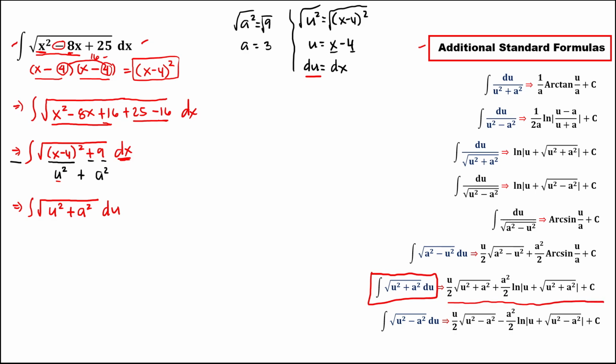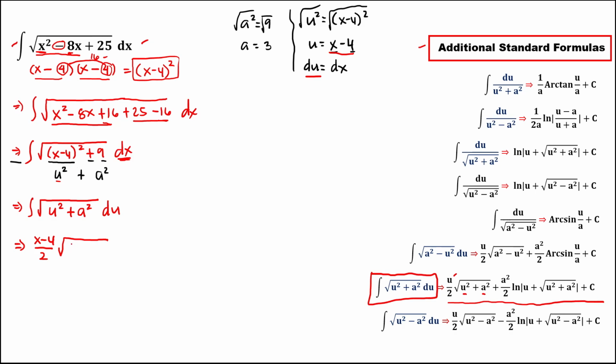So just substitute now all the values. Therefore this becomes u over 2, and u is x minus 4, over 2, then times the square root of u squared plus a squared.